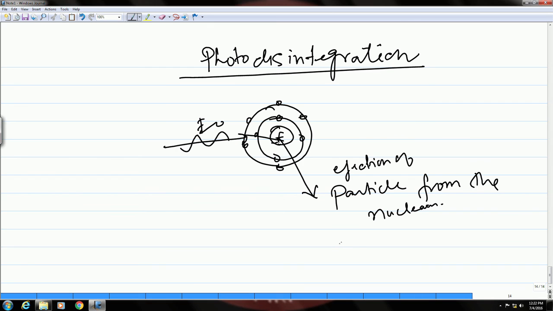And this particle is known as a nucleon. And this can happen when the X-ray has an enormous amount of energy.